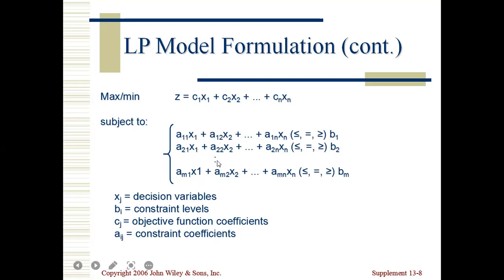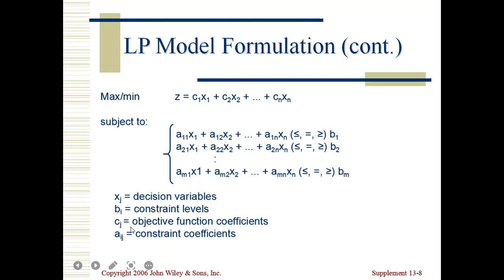There are m linear equations, where xj are the decision variables, j equals 1 to n, and bi are the constraint levels, where i equals 1 to m. There are m number of equations here and n number of variables. Remember it: m equations, n variables.